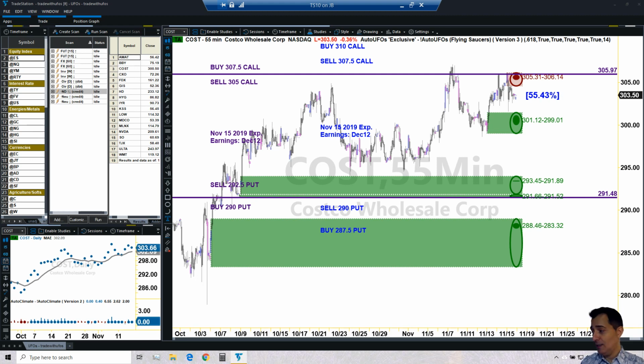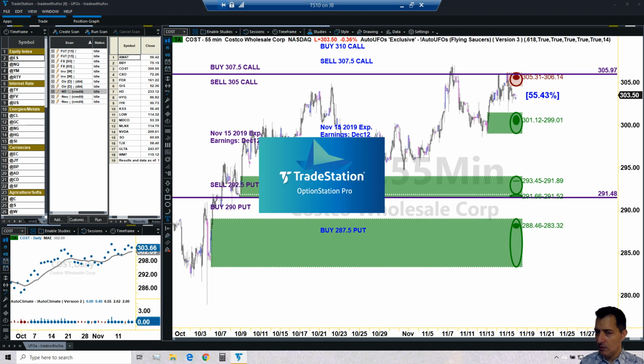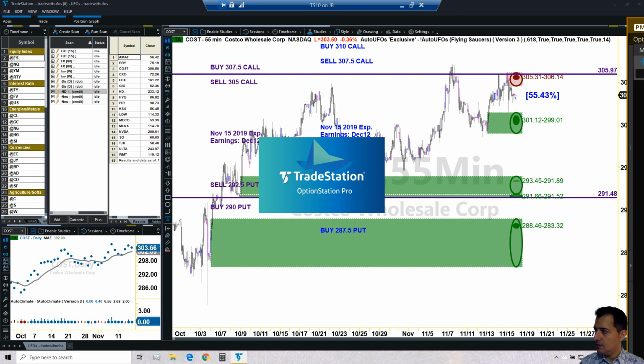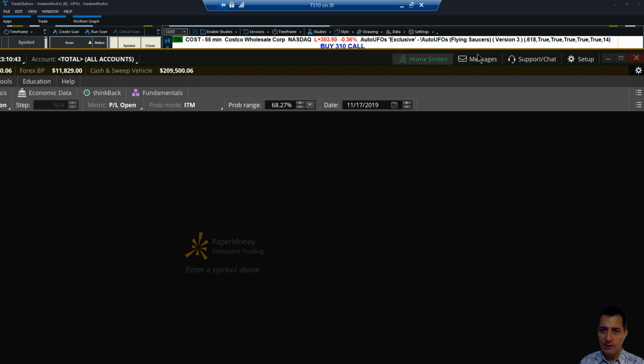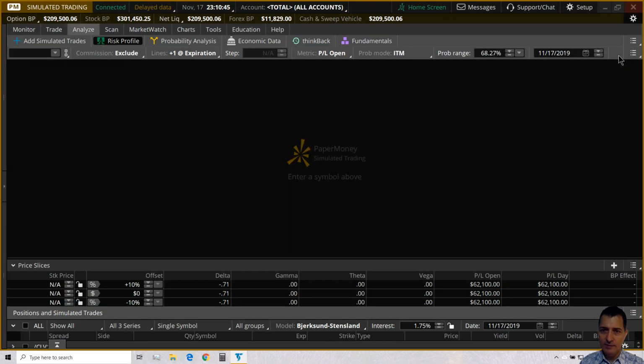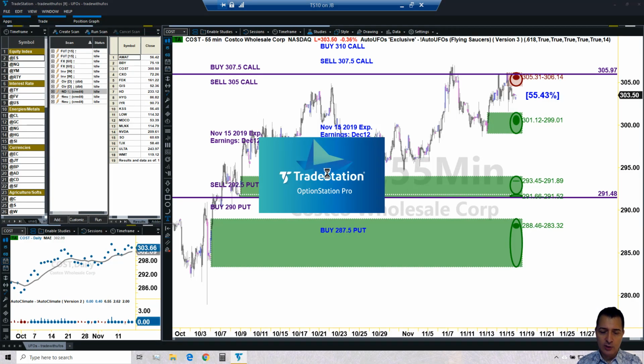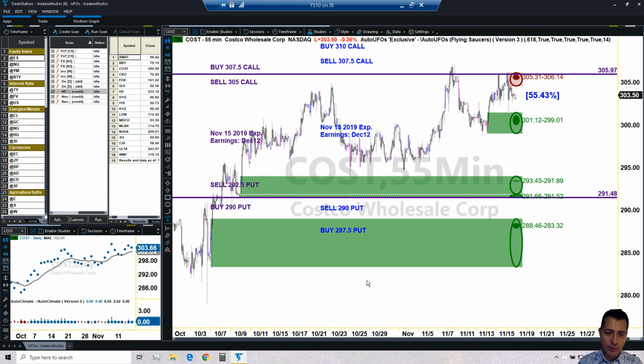Very nice. Good, so I got TOS ready to be brought into my main screen. So here is Thinkorswim. I am logged in as a simulated account. It's the delayed data with TOS, but it's okay because it's the weekend. And with TradeStation, I got OptionStation Pro, which is about to be fully loaded in just a moment. Okay, so I'd like to start with TradeStation first, since this is what we are used to.